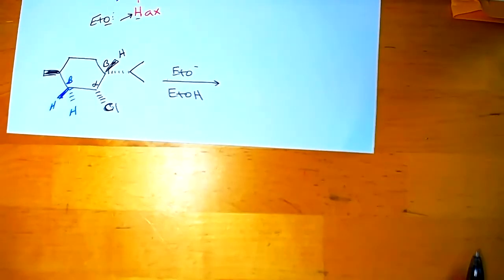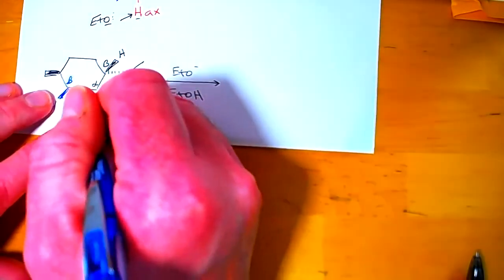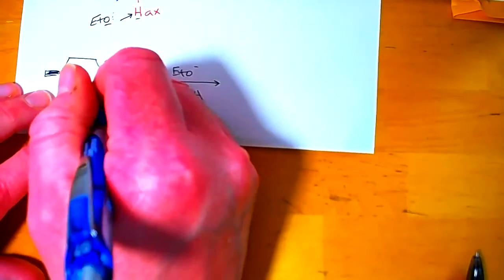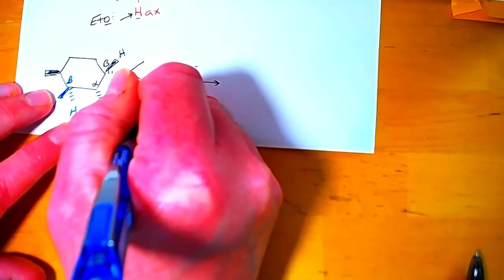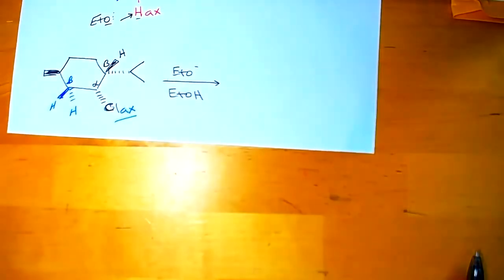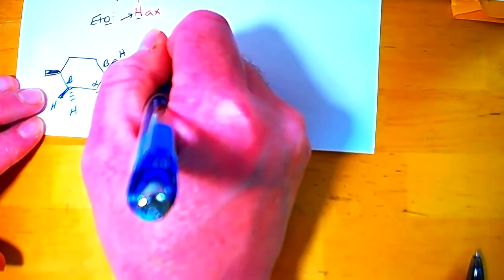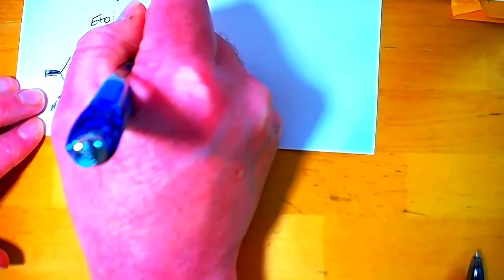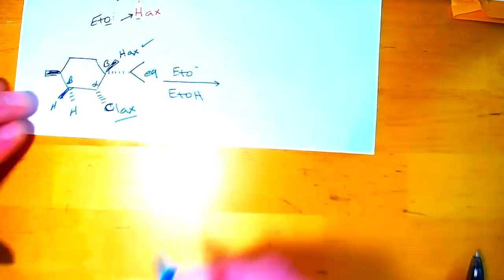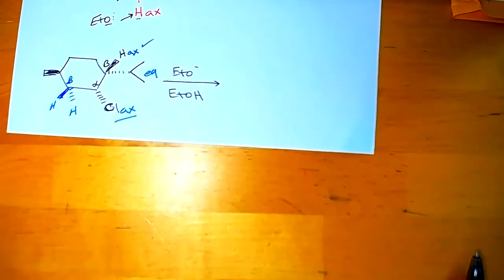Well, this group here is pointing away from us, and it has to be axial, so you have to have the leaving group axial. Then this group here is pointing in the same direction and is equatorial, which means the hydrogen it's attached to is axial. So that is one possible product.